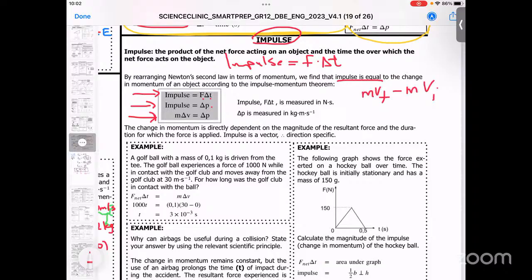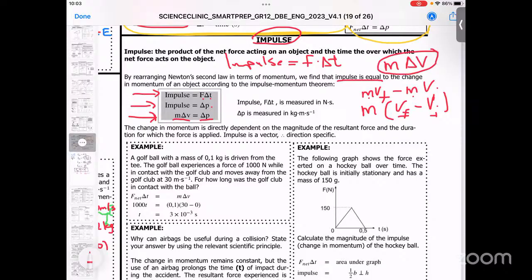The mass is the same mass, so it gets taken out as a common factor, and you remain with v final minus v initial. What is something final minus something initial? It's a change. That is where that formula is coming from, which equals change in momentum. So just make sure to never be confused, honorable member.